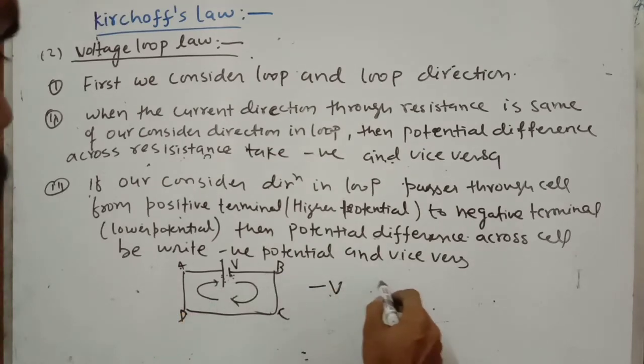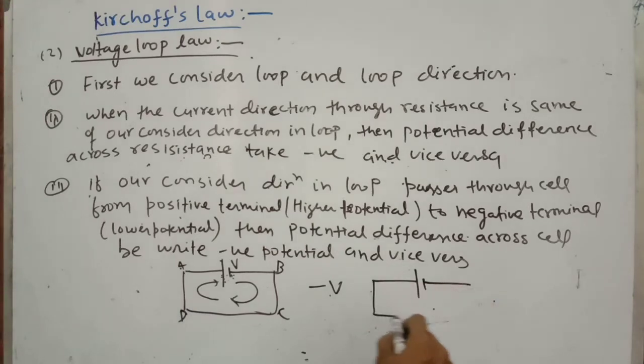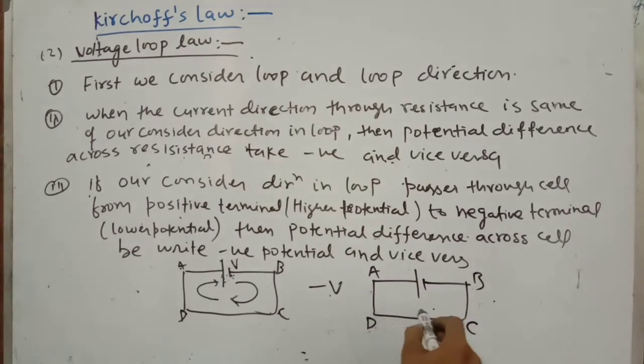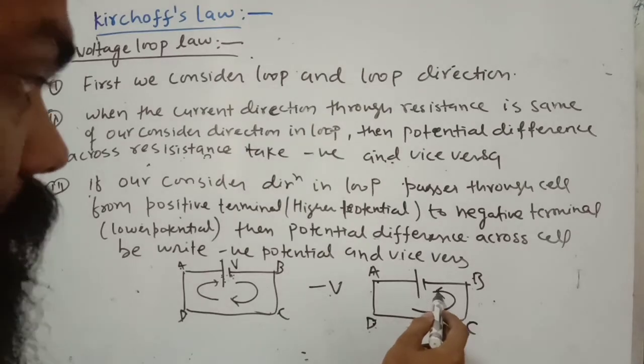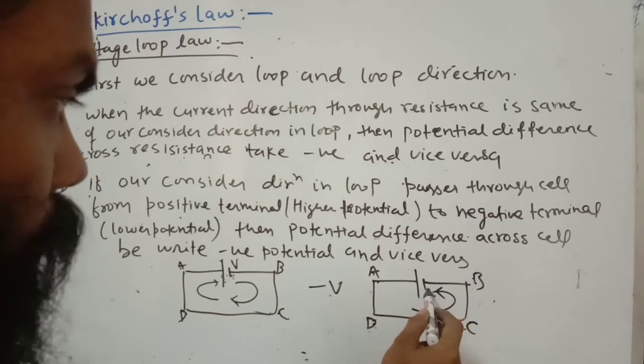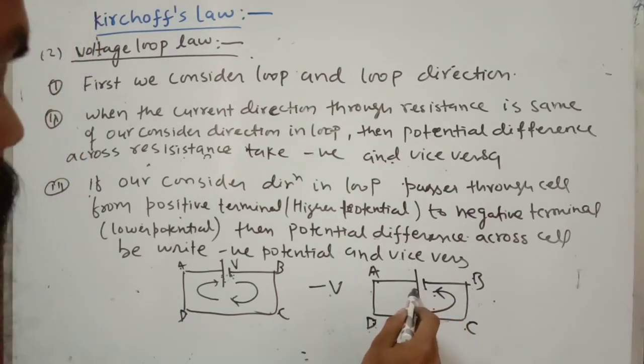Okay, let me take another example. Let me consider the same loop, same cell, A, B, C, D. But here the considered direction is A, D, C, B, A. Here your loop goes from negative plate to positive plate, that means lower potential to higher potential.